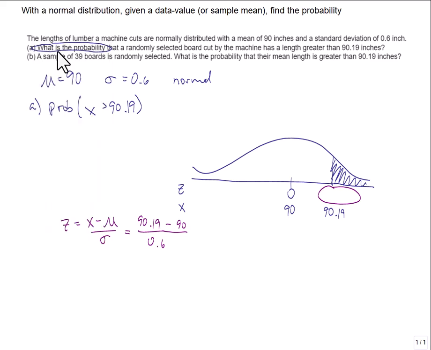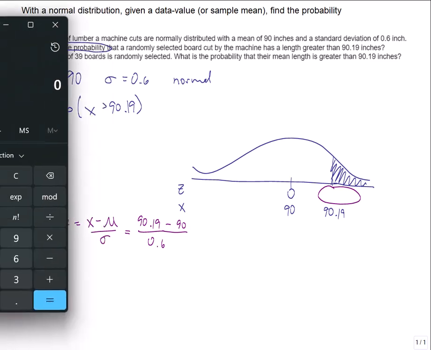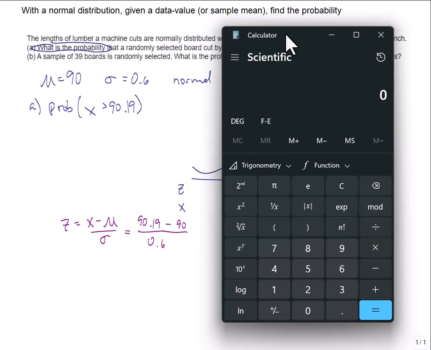So I'm going to grab my calculator. 90.19 minus 90, in parentheses, divided by 0.6.